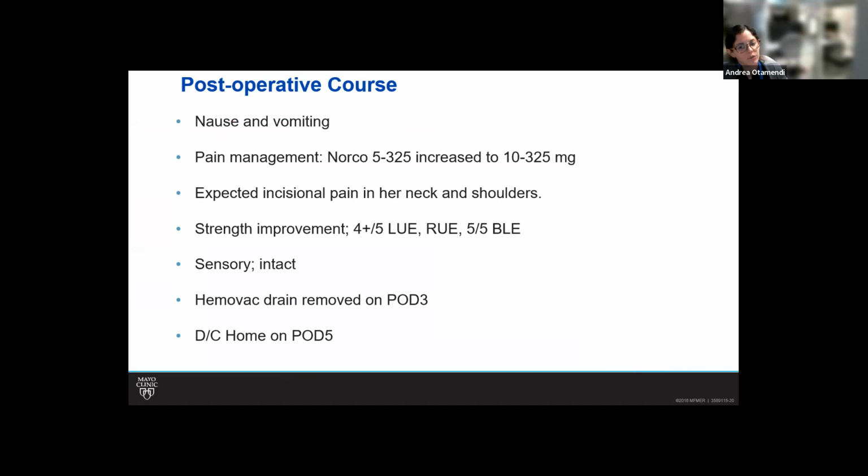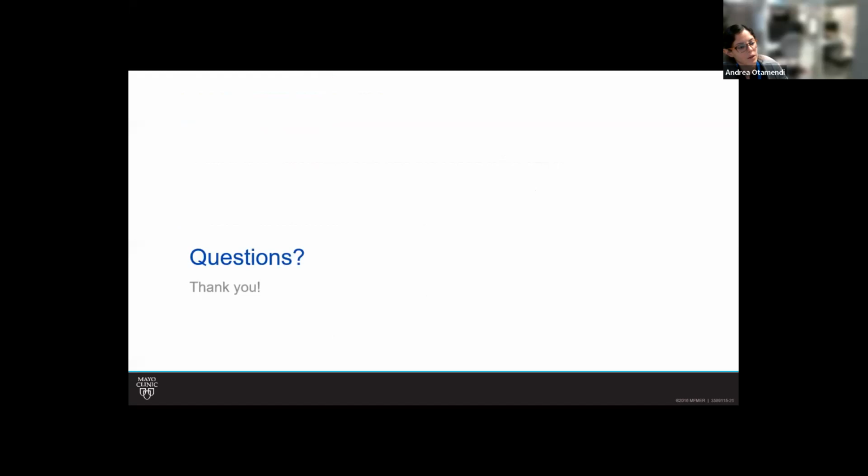She was 4 out of 5, and the deficit was mainly due to her pain. But at the time of discharge, she was 4+, and the sensory was still intact. The hemovac drain was removed on postoperative day 3, and she was discharged home on postoperative day 5.